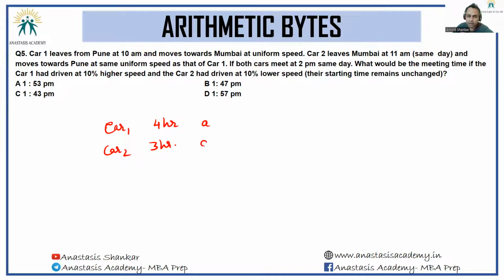So 4a and 3a. So the total distance, length of the path is 7a. What would be the meeting time if car 1 had driven at a 10% higher speed and car 2 had driven at 10% lower speed? Okay. Their starting times remain unchanged. So the gap in the starting times is still 1 hour.